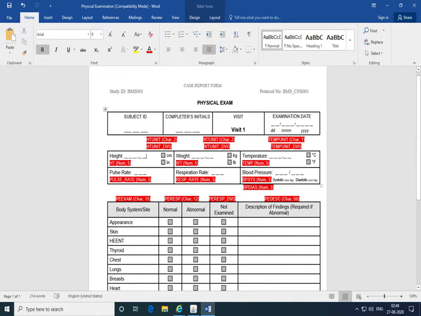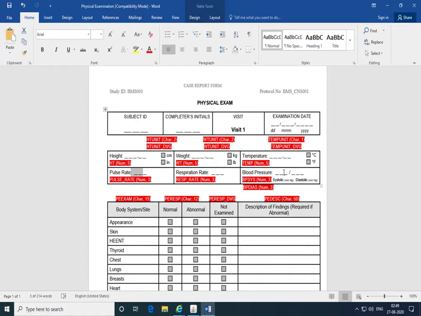So there are many questions within this question group, but you'll notice that some of the questions are open-ended, like height, weight, temperature, pulse rate, respiration rate, and blood pressure. These are all open-ended questions where the investigator has a choice to answer anything or provide any response.